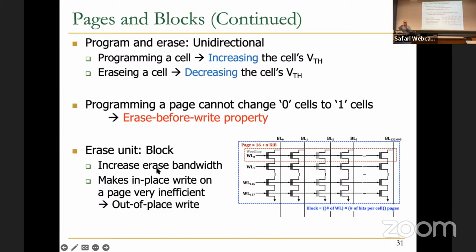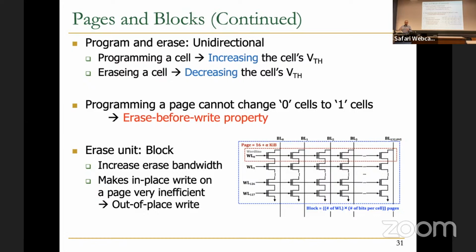So before doing that, you need to copy all the valid pages in that block to somewhere, like DRAM, let's say, and then you can erase that block. Once the whole block is erased, then you can program, and not only that page, you also need to program the other pages that you have copied. Now you can see, for every write, how much time you need to spend in order to do an in-place update.